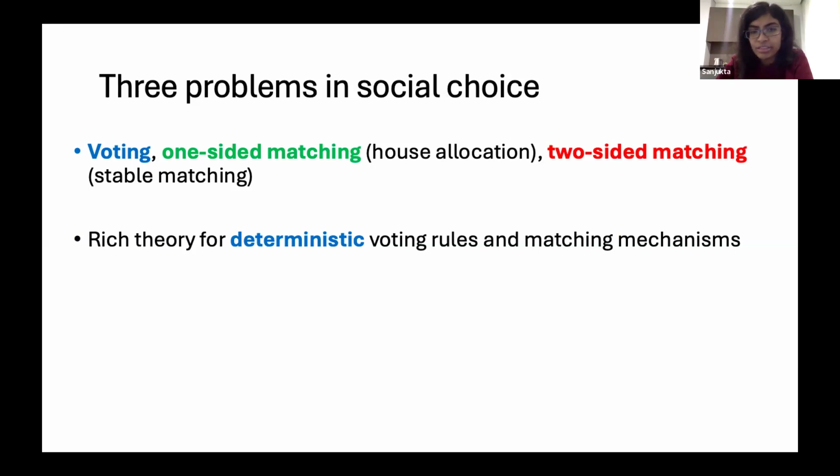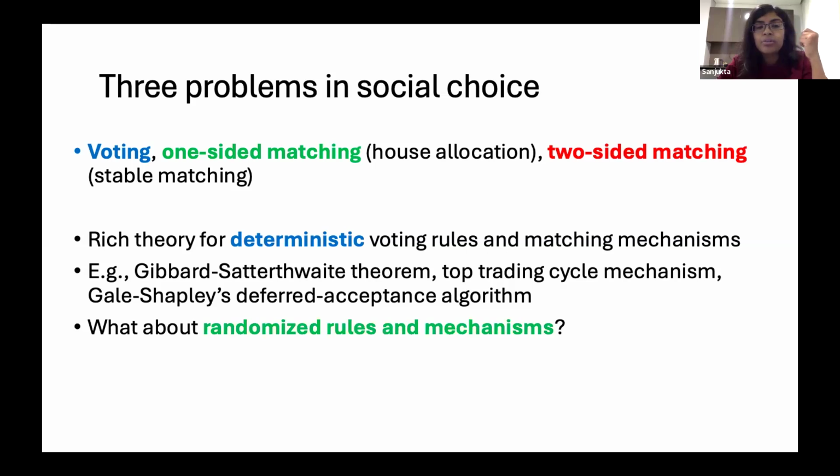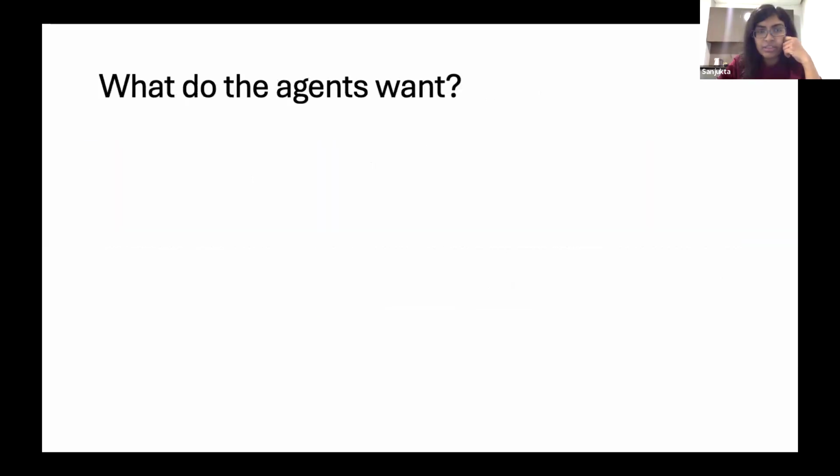But before I go into this, just to motivate, we have a very rich theory of deterministic voting rules and deterministic matching mechanisms. For example, there are celebrated results like the Gibbard-Satterthwaite theorem, or top trading cycles, or deferred acceptance mechanisms for matching markets. What about randomized rules and mechanisms?